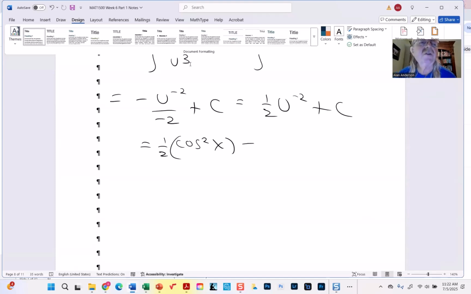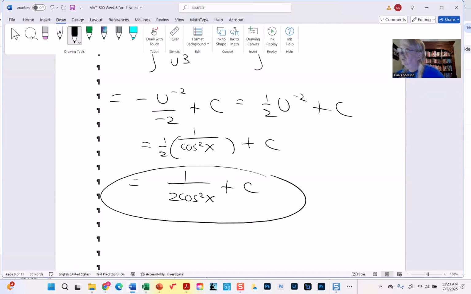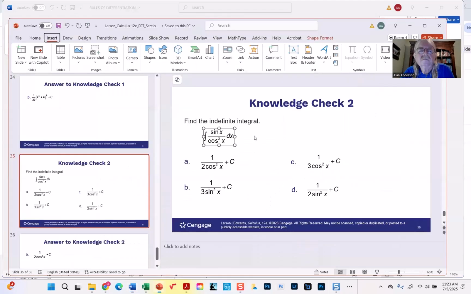It's u to the minus 2. It's 1 over cosine squared of x. There we go. That would make it A.